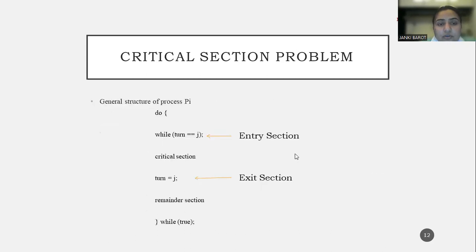So for that, this is the algorithm: there must be an entry section which asks and indicates that yes, you can enter the section. As soon as it completes the task, it is solely the responsibility of the previous process to execute the exit section so that they can give the signal to the entry section.